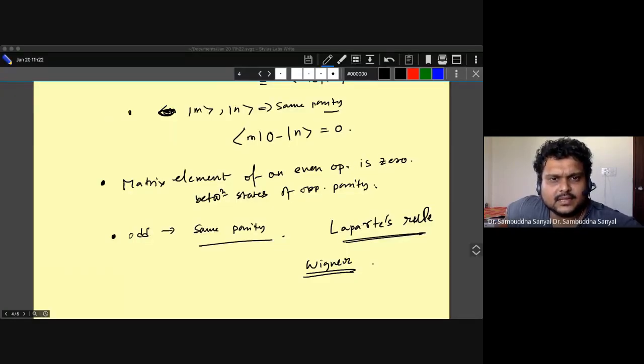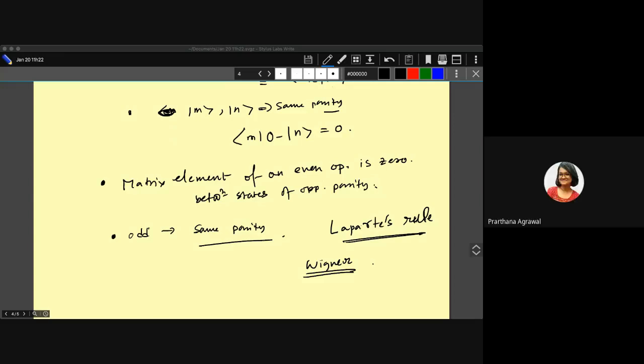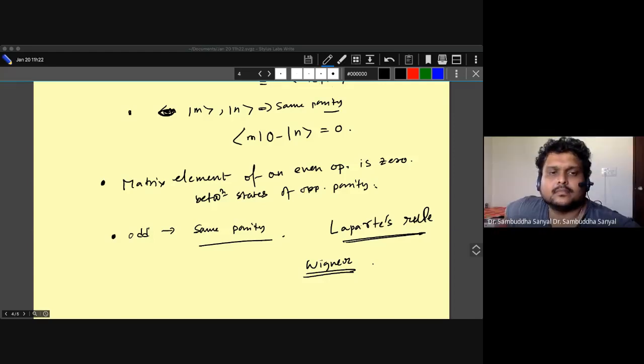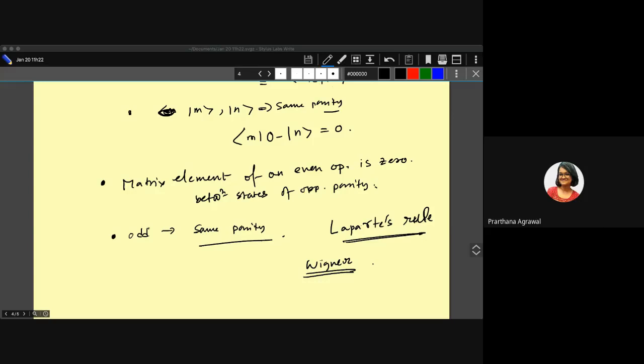Can you say the statement again? She was saying that when you don't have the magnetic field, your Hamiltonian is different, and when you have the magnetic field, it is a different Hamiltonian. Are you connecting the wave functions of these two conditions having different Hamiltonians? Like when you wrote psi prime equals e to the power i alpha psi.